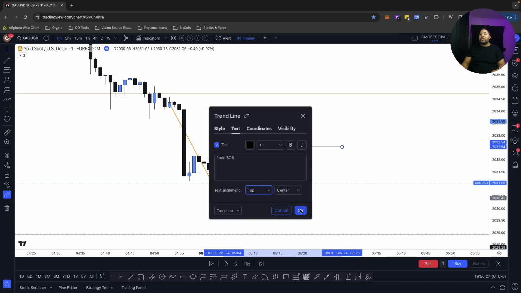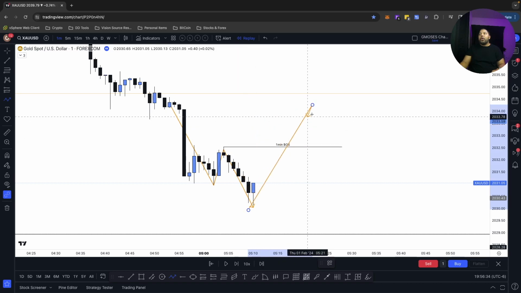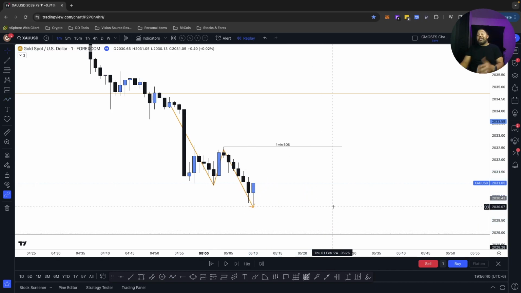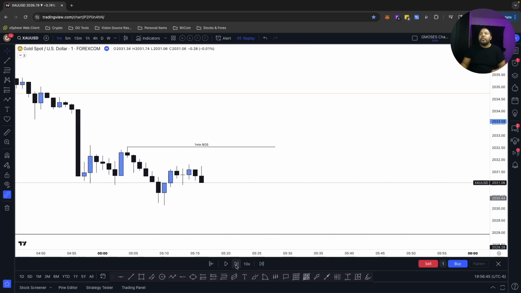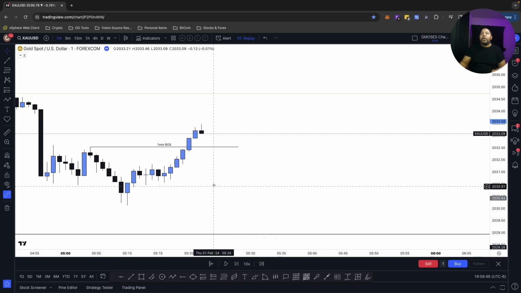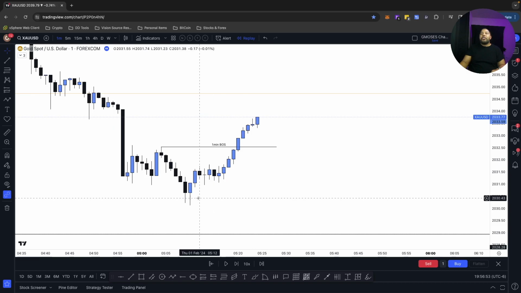Now we want to see if price will break this area, give us a break of structure, or if price will come up and continue to the downside to give us a break of structure on the 15-minute time frame. We don't know. Okay, so let's see. Okay, so we can see that price decided to break structure.